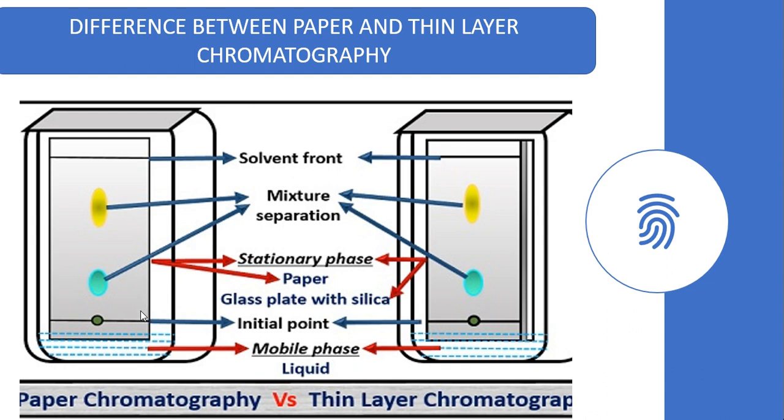The first difference is that here we use filter paper, and here we use a thin layer. The solvent will be the same. Both have a liquid mobile phase and the stationary phase is also liquid. Separation of the mixture is very fast in thin layer chromatography, whereas very slow in paper chromatography. That's why we run the chamber for about 6 to 8 hours there, and here we take only about 5 to 30 minutes.